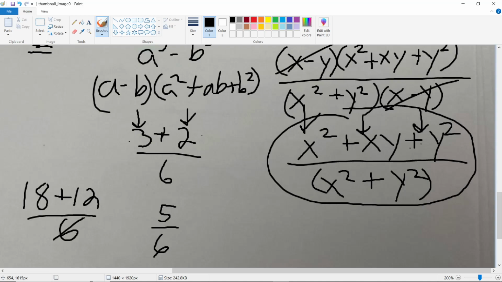See, now I can cancel it because 6 goes into each one of those separate terms. 6 times 3 is 18. 6 times 2 is 12. So this one would be 5/1, or 5. But see the difference? If 6 is not a factor of each term, I cannot cancel. So there's the answer, x squared plus xy plus y squared over x squared plus y squared.